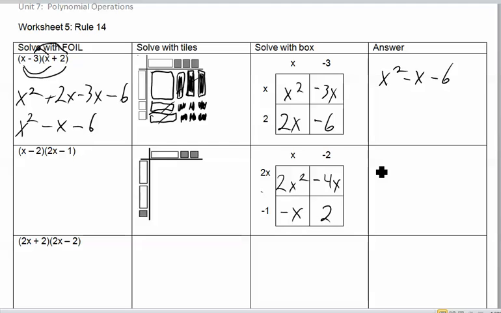So we combine these, we go 2x squared minus 4x and minus x is minus 5x, and then plus 2. So we should get the same answer however we work it.